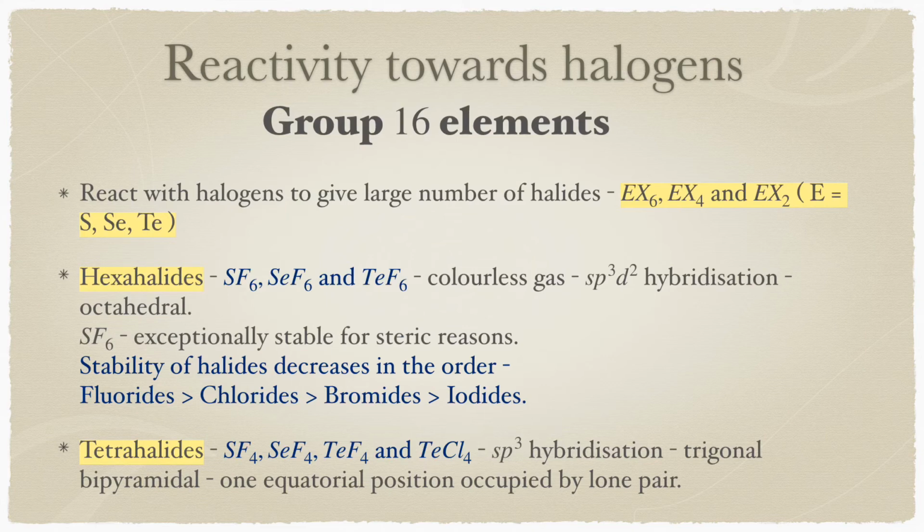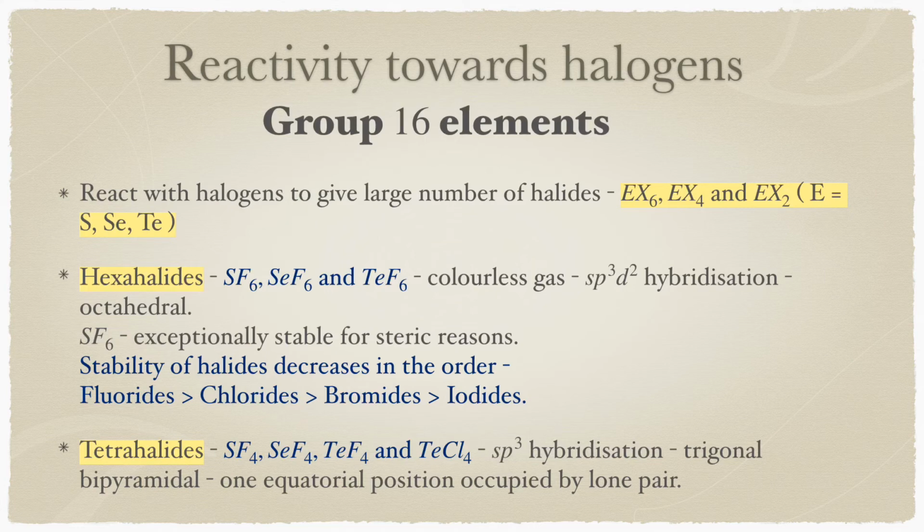They react with halogens to give a large number of halides of the type EX6, EX4 and EX2, where E is the element, that is S, Se, Te. First one we'll talk about, hexahalides. They are SF6, SeF6 and TeF6.